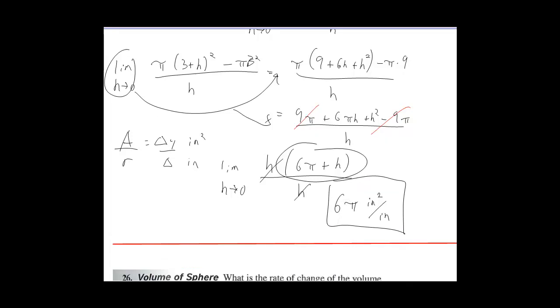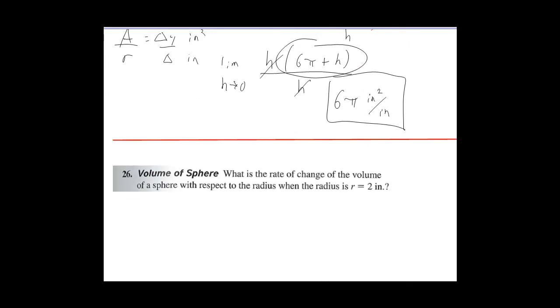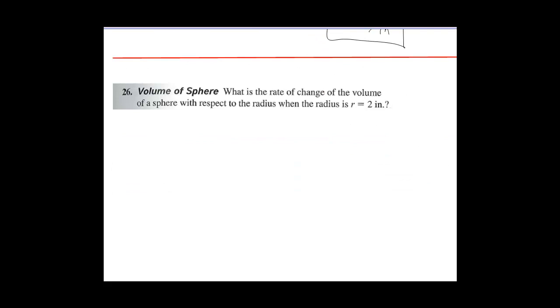All right, number 26 is very similar, except your formula is a little different. Our area is pi r squared, but the volume of a sphere is 4/3 times pi r cubed. You set it up the same way.